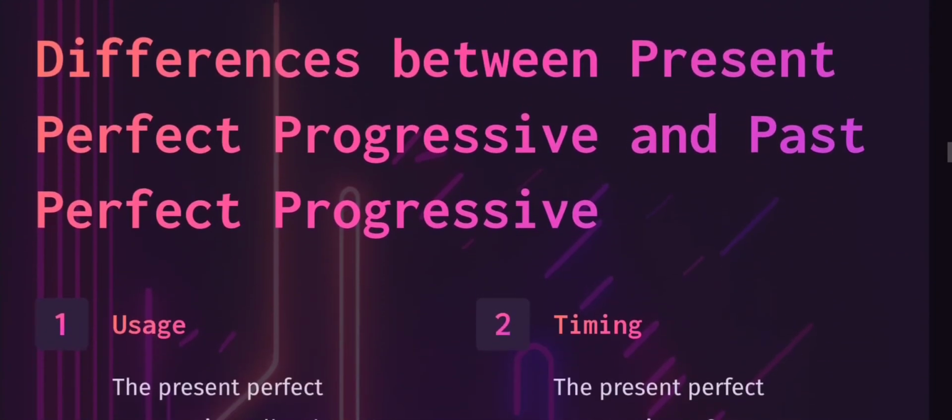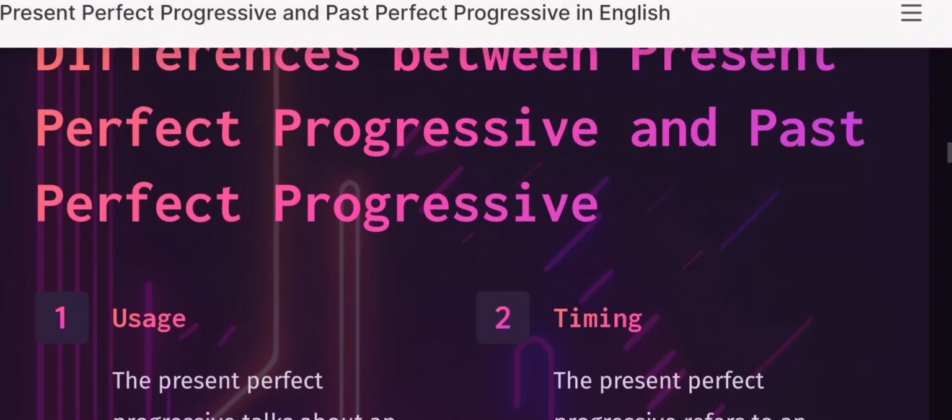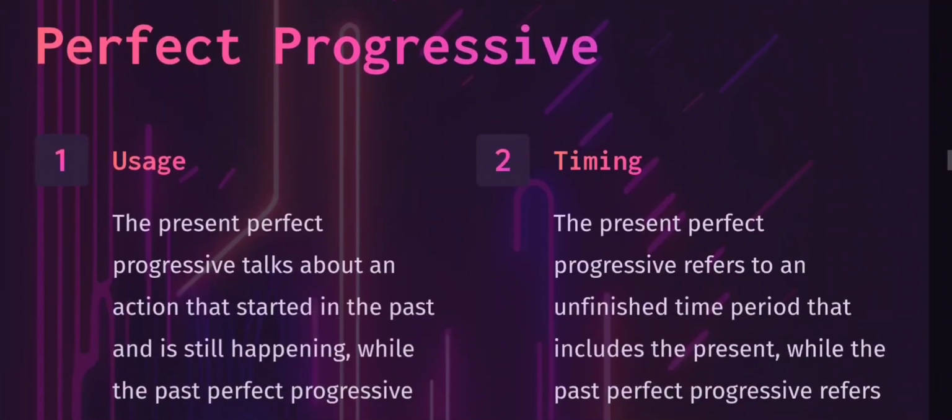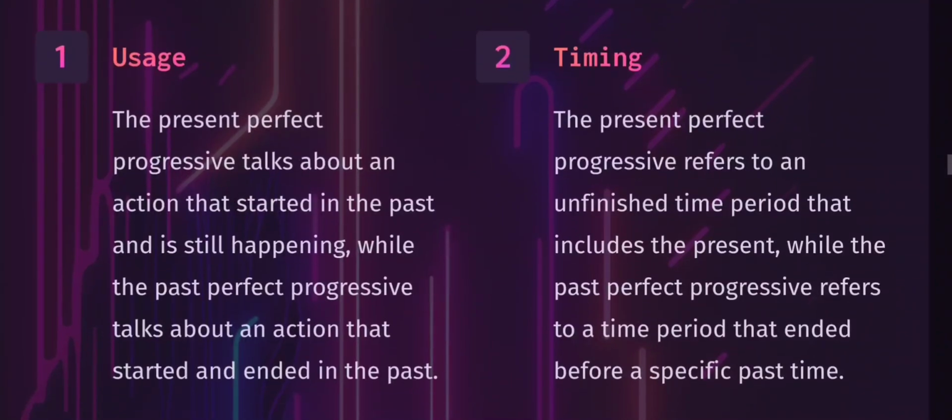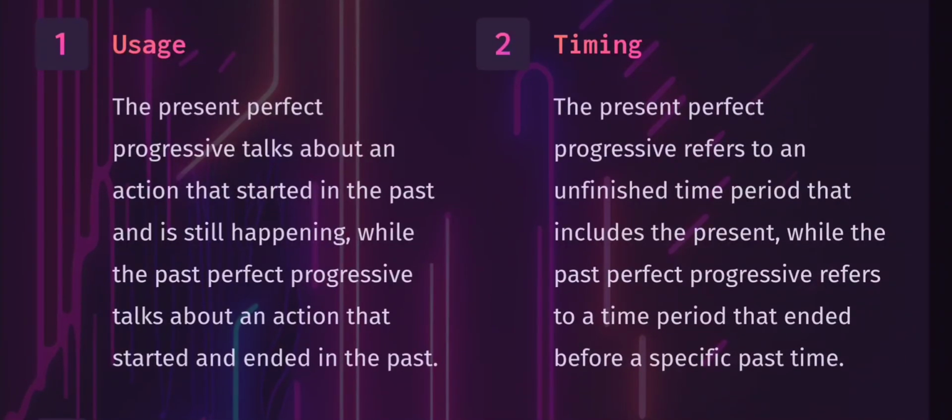completed. Difference between present perfect progressive and past perfect progressive. Usage. The present perfect progressive talks about an action that started in the past and is still happening, while the past perfect progressive talks about an action that started and ended in the past. Timing.